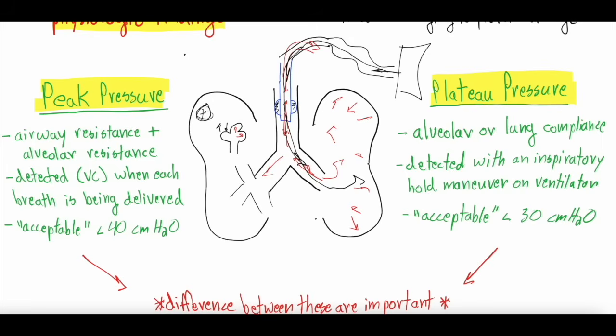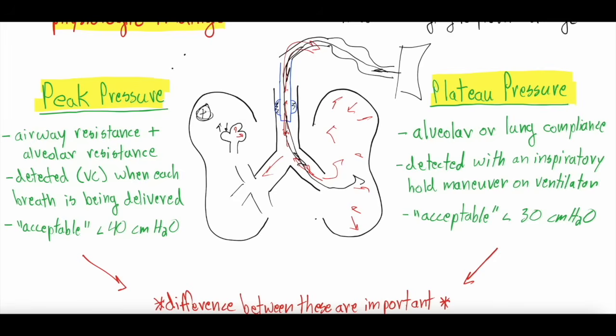And the pressure that is required to flow that breath through the tubing, the endotracheal tube, these airways, and inflate the lung is the peak pressure. And that's why you get it with every single breath. Because when the ventilator pushes that breath in, it says, oh, this is the peak pressure that I experienced while I was trying to inflate the lungs on that breath.